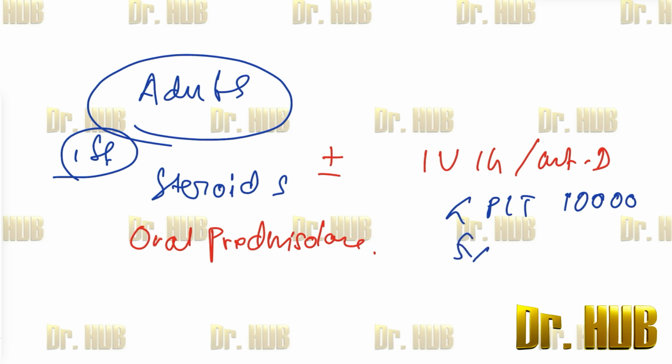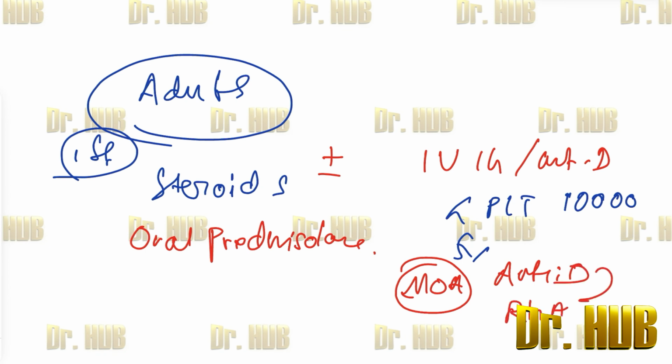What is the mechanism of action? The anti-D binds with the Rh antigen and is preferentially taken up by the spleen.